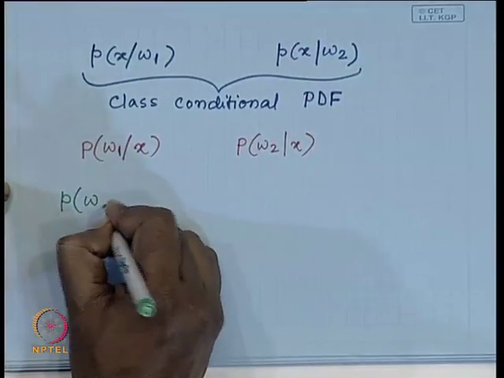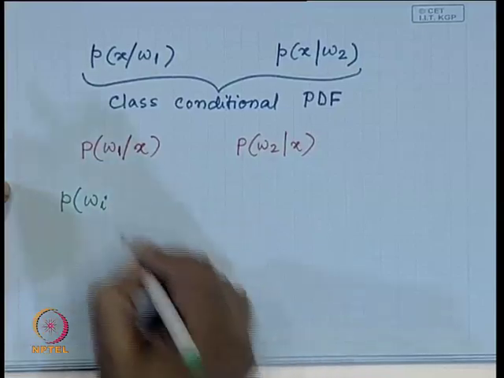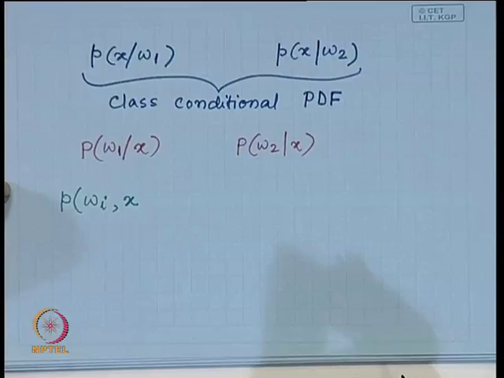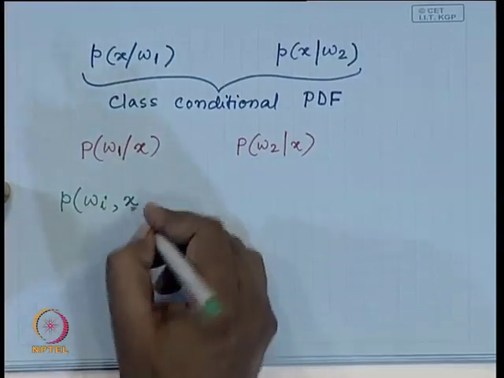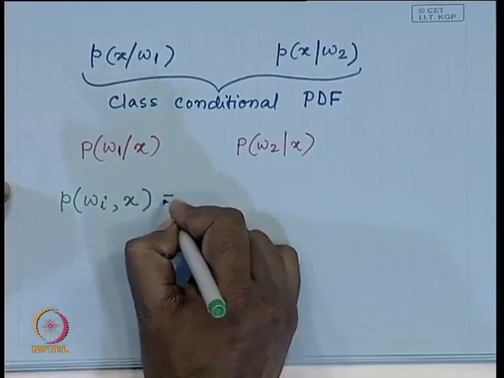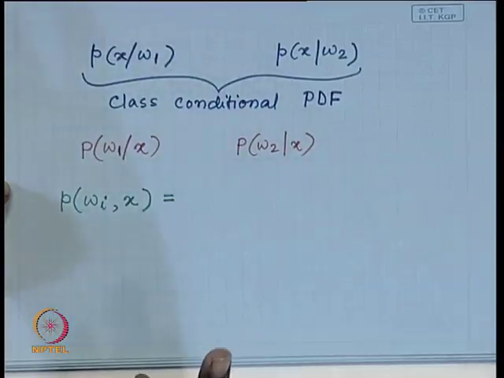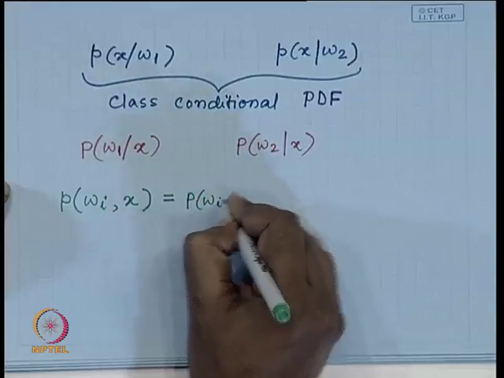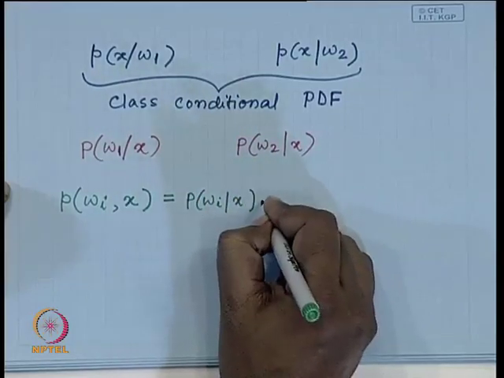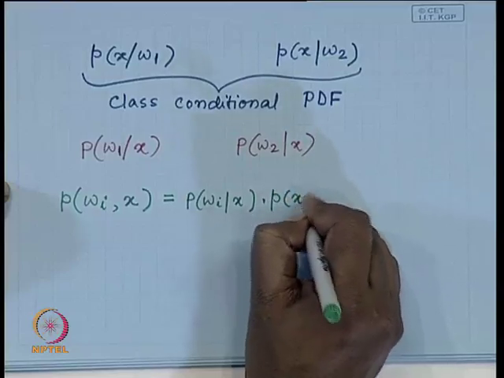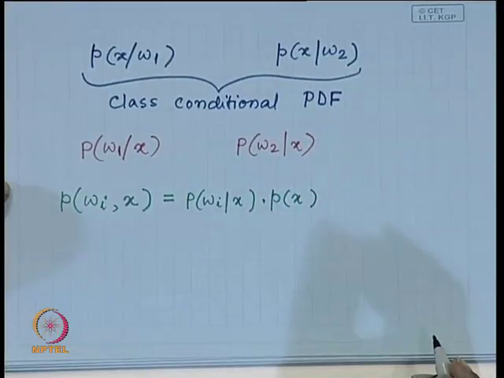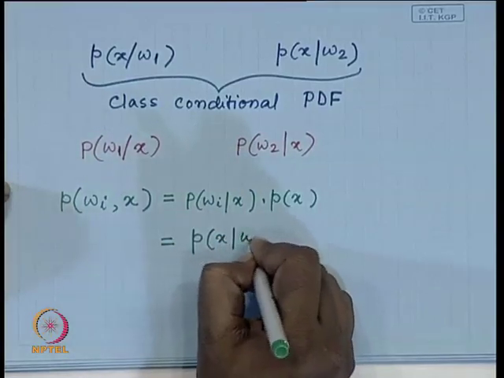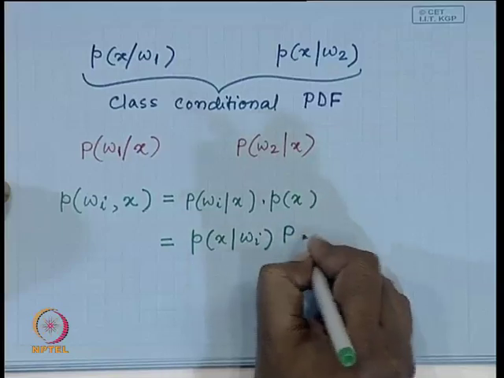So, this joint probability density function is given, in terms of conditional probability, by p of omega i given x into p of x, or this is the same as p of x given omega i into p of omega i.